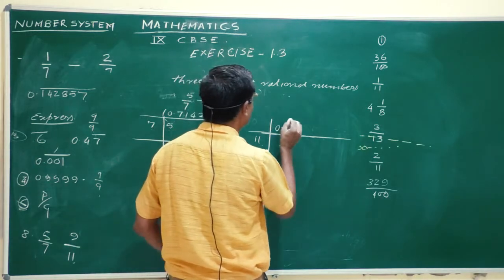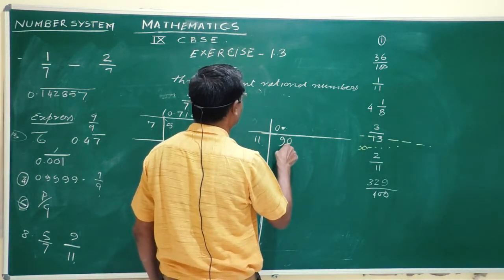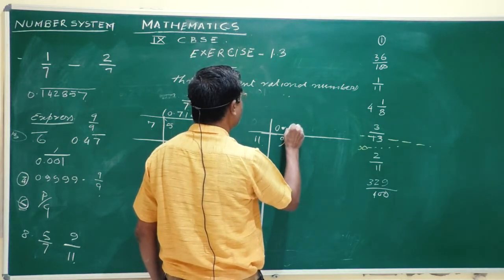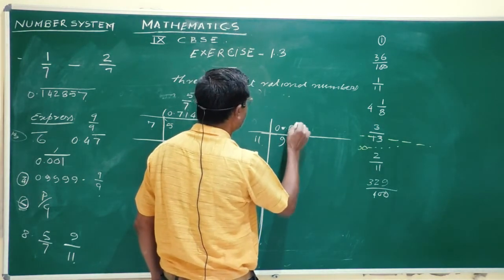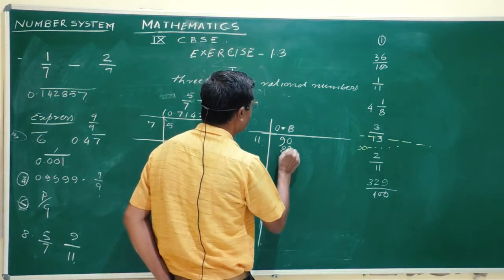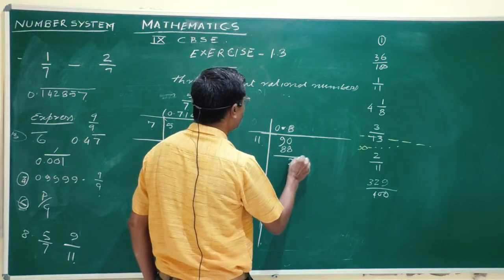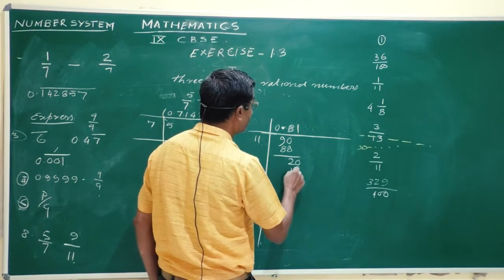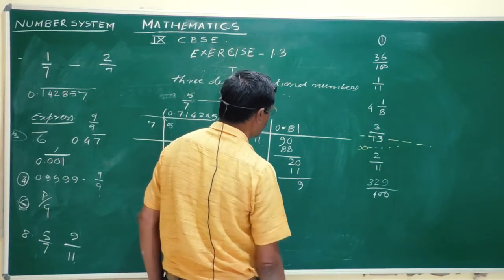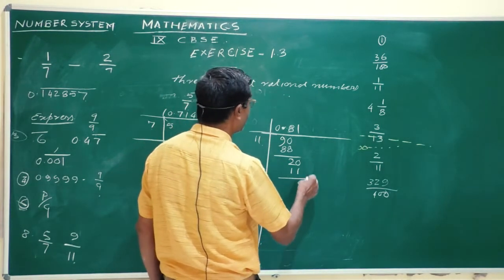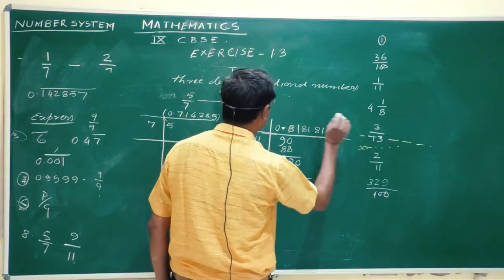So 11 8s are 88, so the remainder is 2 here. Now 11 1s are 11, so the remainder is 9 here. Again this is 8 1, 8 1 and so on.